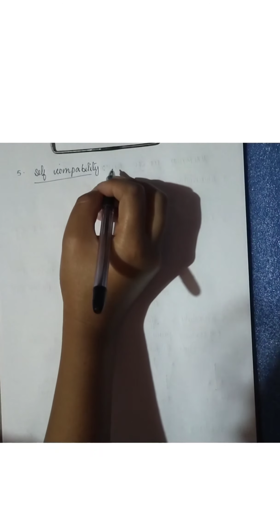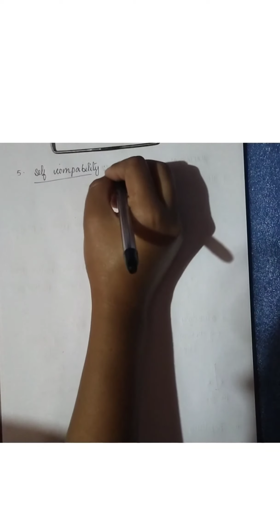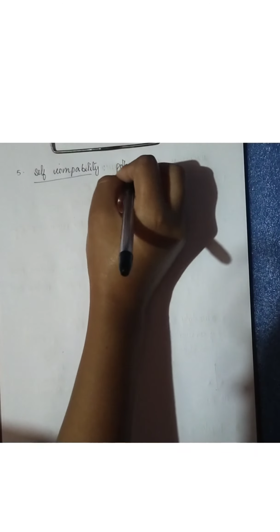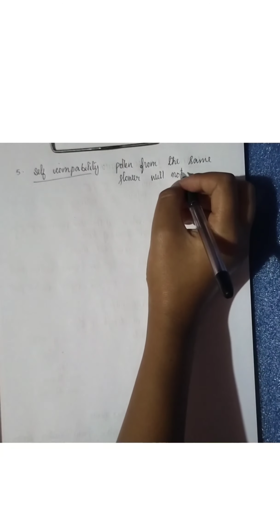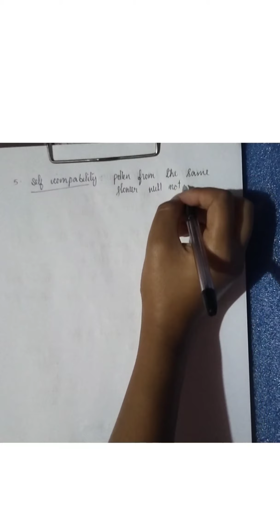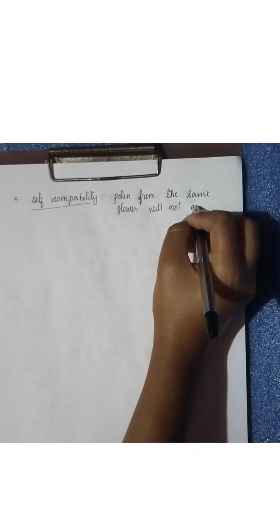The next one, number five, is incompatibility. Here it means pollen from the same flower will not germinate. Will not germinate.